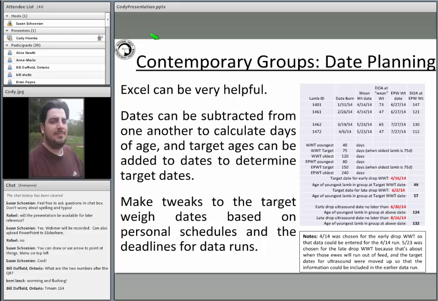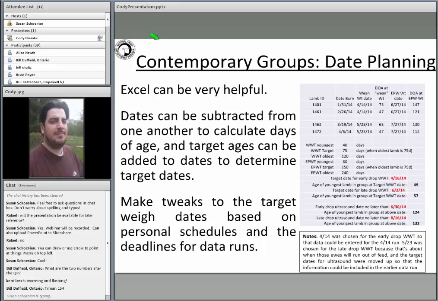Subtracting those numbers, you can actually get your day of age very easily. Conversely, you can take a date in which an animal is born, and if you want to take a weaning weight when that oldest lamb is 75 days of age, you can take the date and add 75, and it'll give you the date which you want to target your weights.